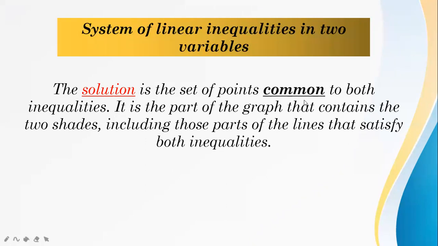So common siya. Dapat yung parehong shade nila kasi ang sabi niya dito, it is the part of the graph that contains two shades, including those parts of the lines that satisfy both inequalities. So those are the solution of system of linear inequalities in two variables.